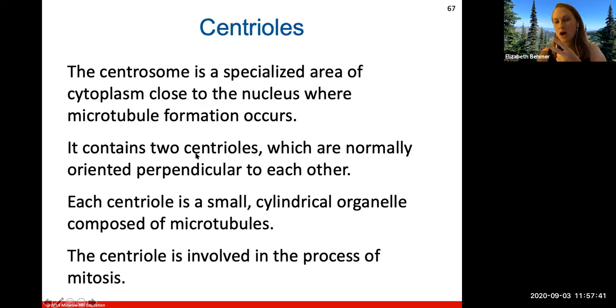So centrioles always come in a pair of 2, and we call that pair a centrosome. They're normally oriented perpendicular to each other like that. So 2 centrioles are formatted kind of like an X, and that makes up 1 centrosome. They're cylindrical, they're made up of little microtubules, and they will help in mitosis to pull things apart from the cell during cell division.